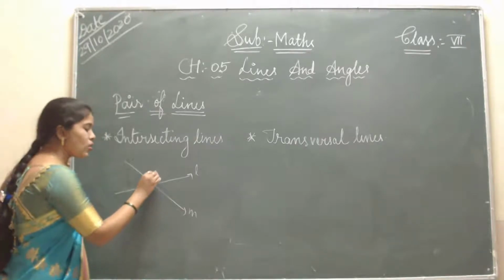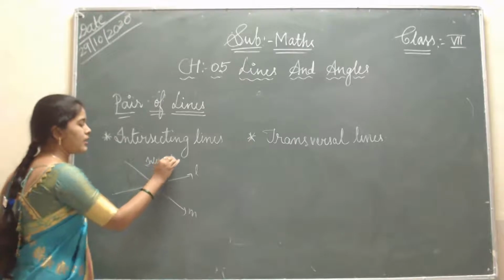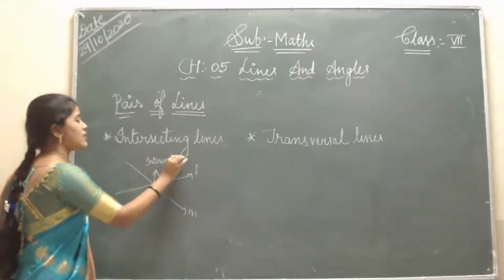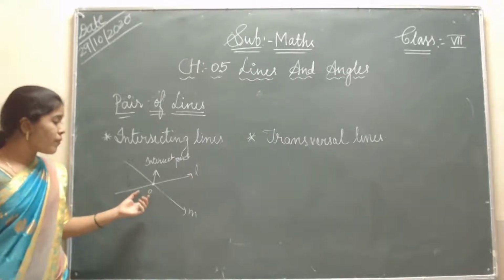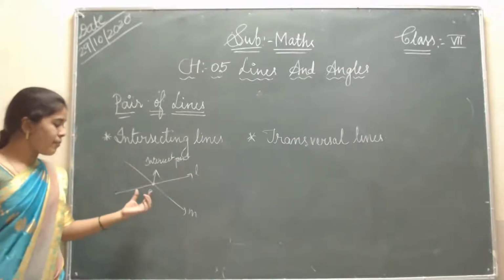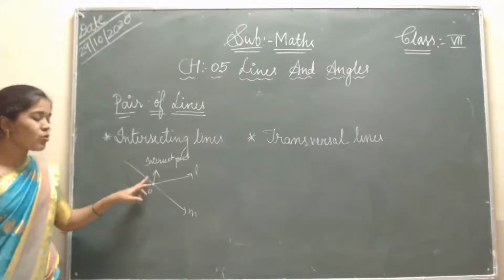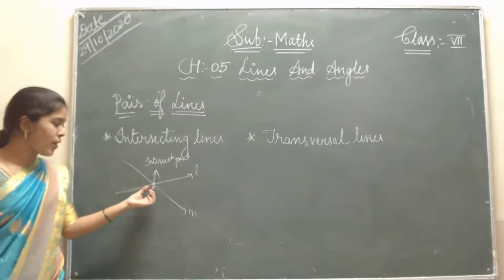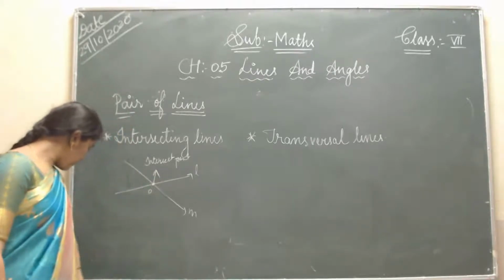This point is known as the intersecting point. So line L and line M meet at a point O. These two lines are intersecting lines and this point is the intersect point. Understood?